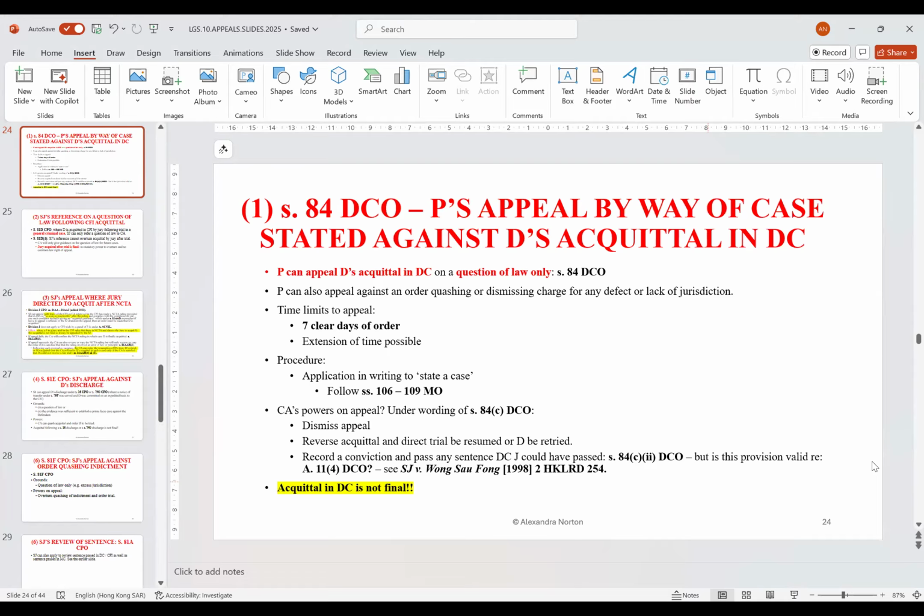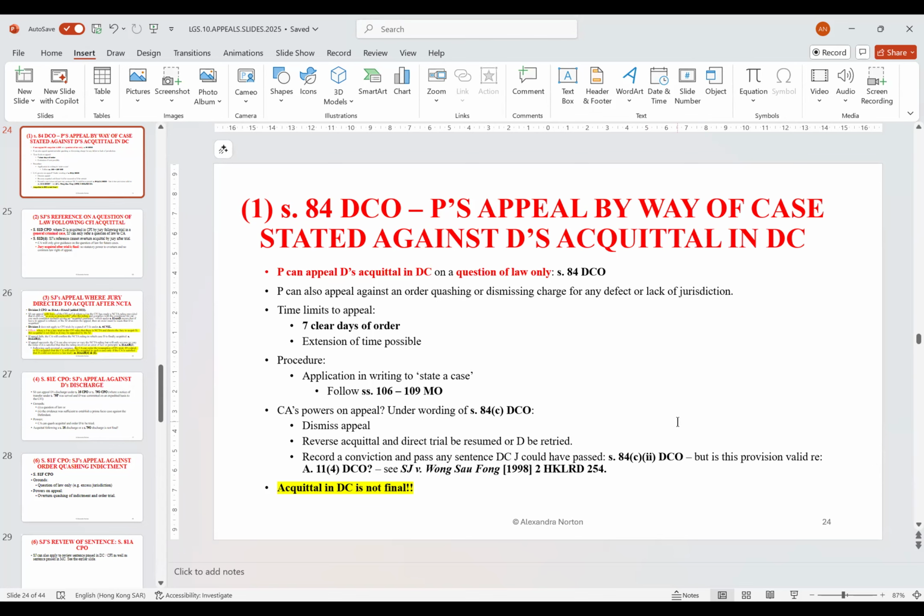And if the Court of Appeal convict a defendant for the first time because he was acquitted in the district court, then he has no right of appeal because there is no right of appeal to the CFA. You have to get leave to appeal and you have to be able to bring your appeal grounds within one of the very limited limbs that exist for an appeal to the CFA.